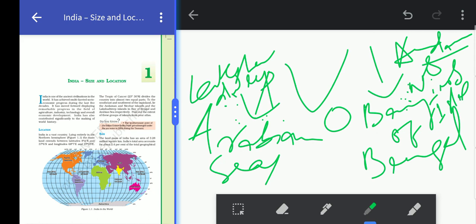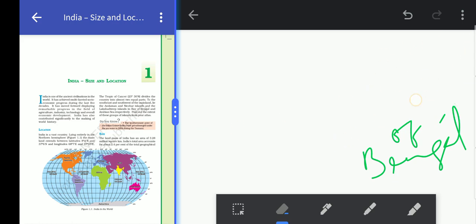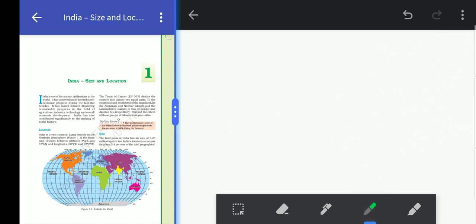Got it? So this is the location of India. Now let us go to its size. Size of India. Its size. Now what is the size of India?